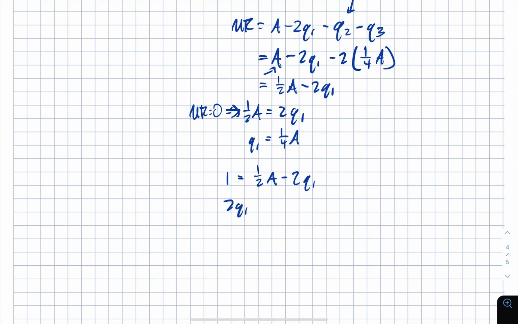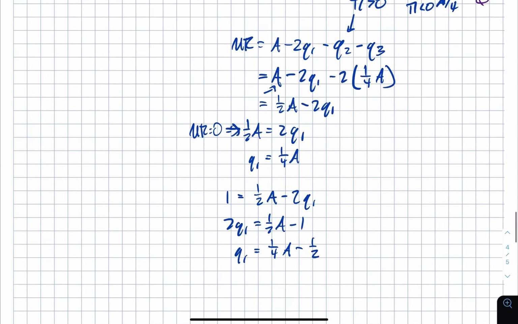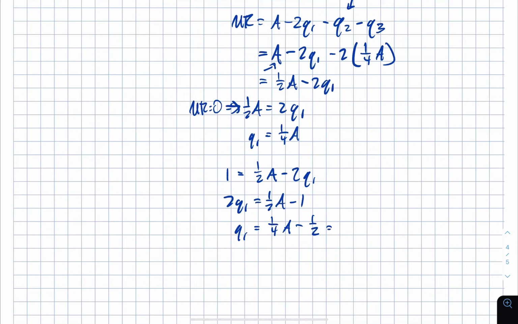So we have 2Q1 is equal to 1/2 A minus 1. Q1 is equal to 1/4 A minus 1/2. Or we can rewrite this as 1/2 times A minus 1.